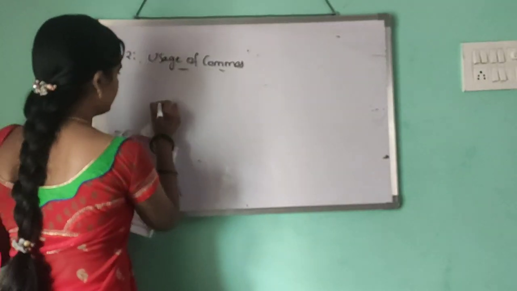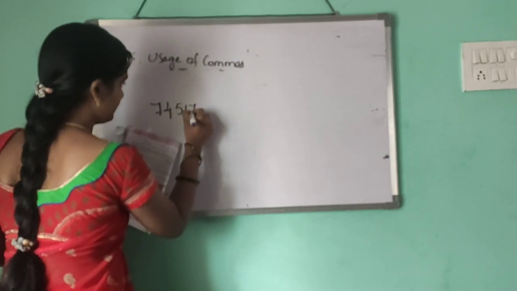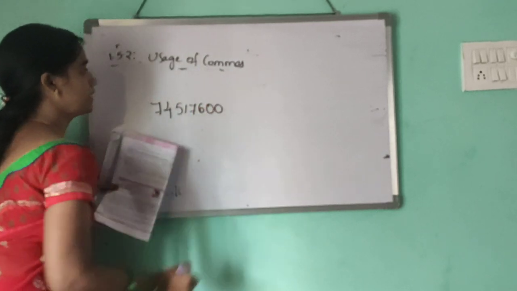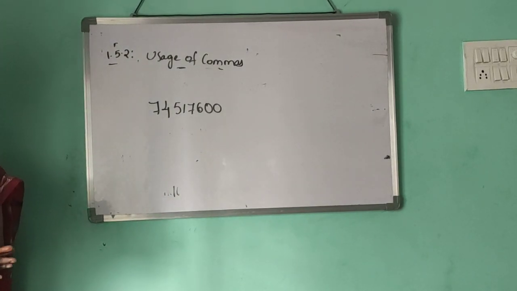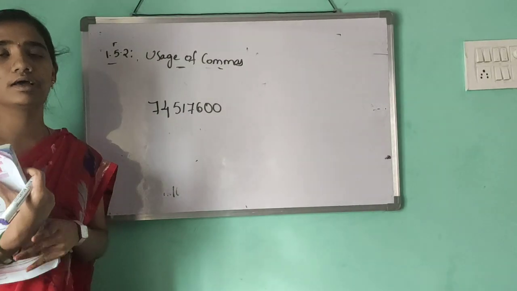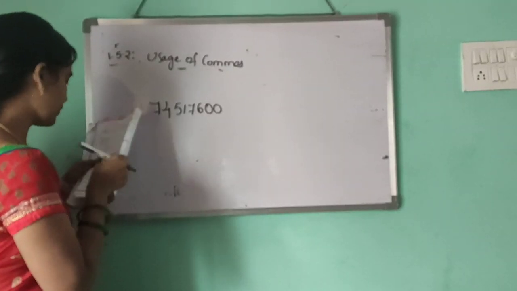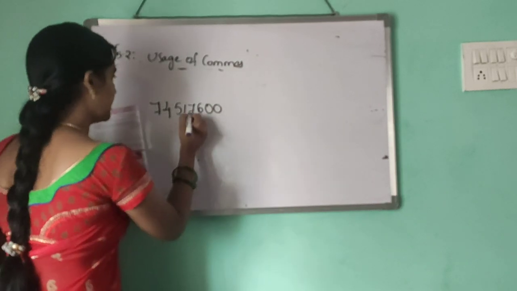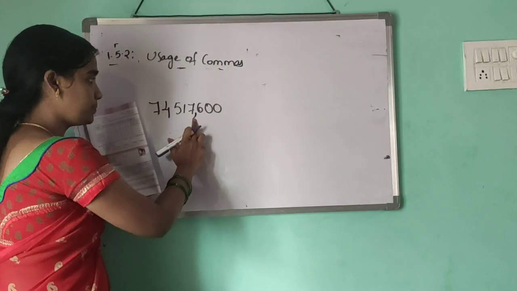Here I am taking a number, 14517. By using the Indian system of numeration, we have to put the commas. The first comma is put after the hundreds place. That means 6 is the 100's place. You have to put the comma to the right side of the hundreds place.